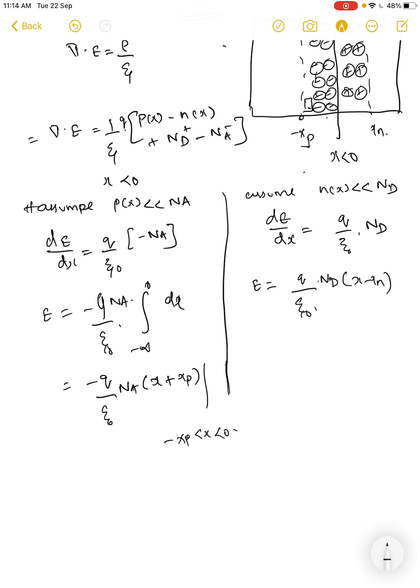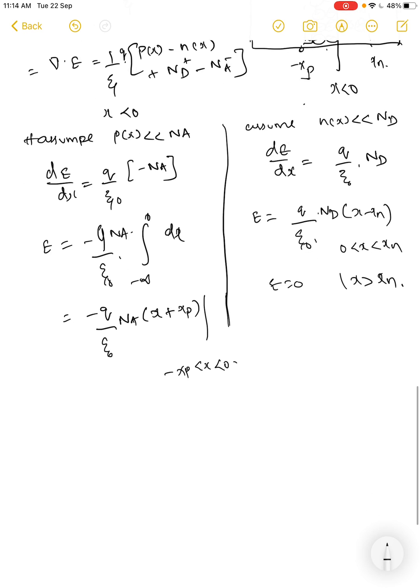At x equal to xn, this turns out to be 0, so this is true for 0 lesser than x lesser than xn, and E equals 0 for x greater than xn, and E equals 0 for x lesser than minus xp.